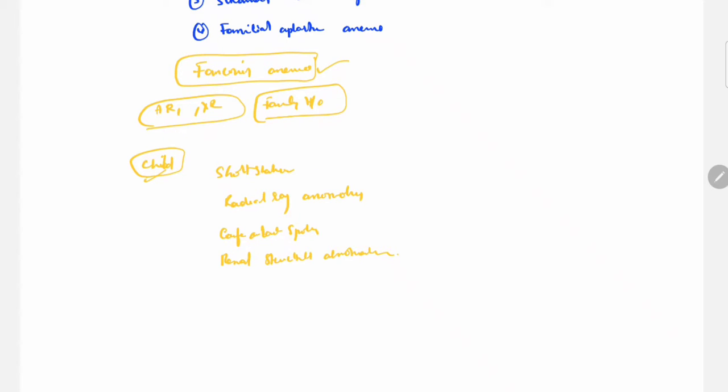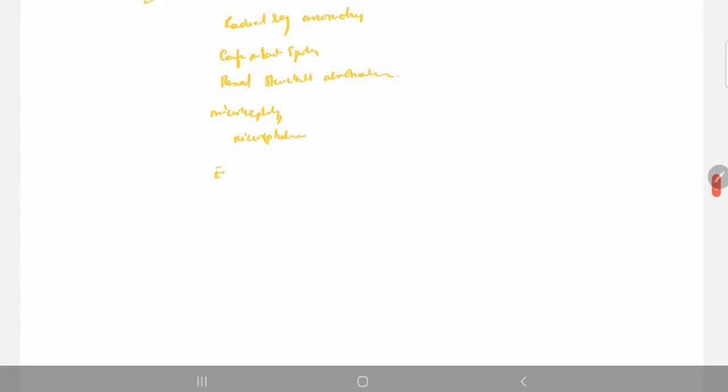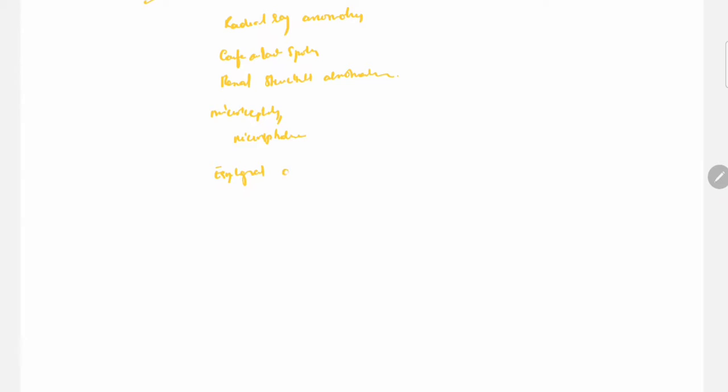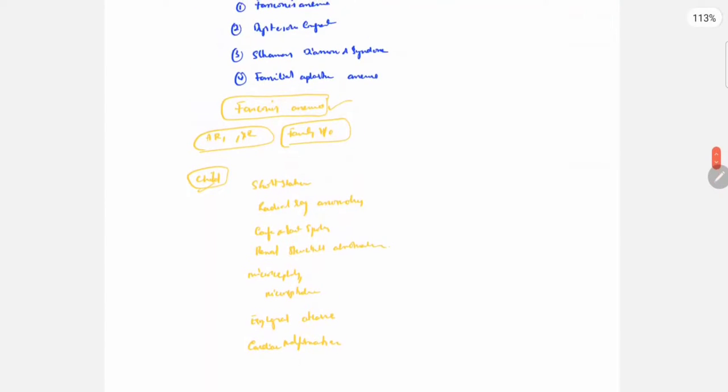and craniofacial abnormalities like microcephaly, ophthalmic abnormalities, that is microphthalmia, gastrointestinal malformation like esophageal atresia. Okay, and sometimes cardiac malformations. So what are the features of Fanconi anemia?